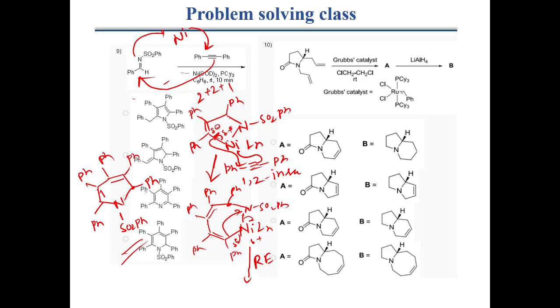Now this one is Grubbs catalysis. Okay, so this is the ruthenium Grubbs catalyst.